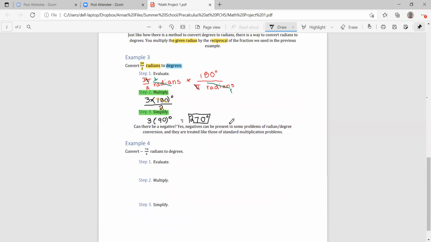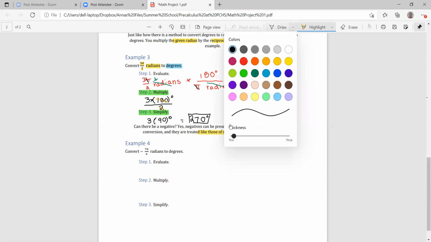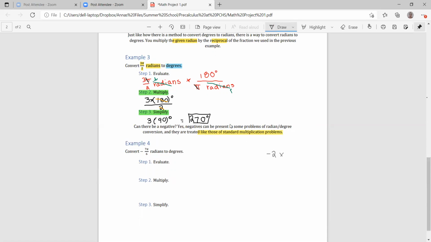So when dealing with negatives while converting, it might look a little scary at first, but it's pretty simple, because you will essentially treat the negative right here like that of a standard multiplication problem. So let's say you're doing maybe -2 times 2. What would you do with the negative?